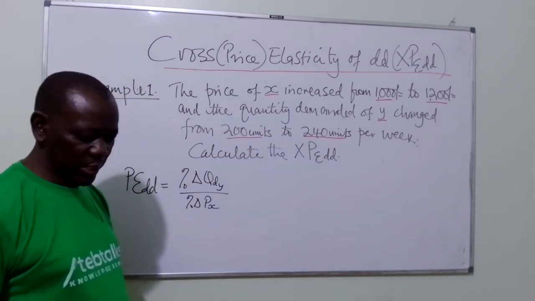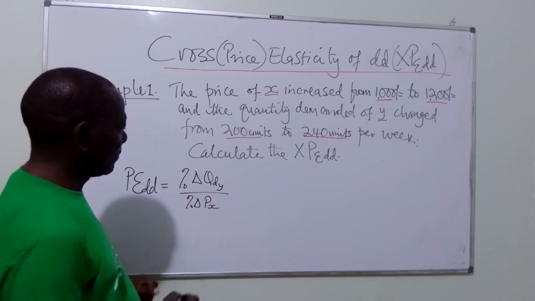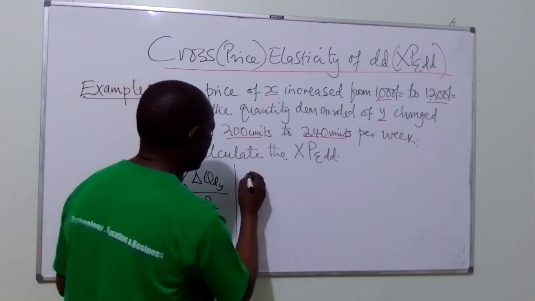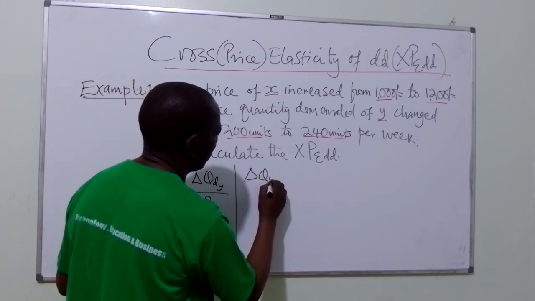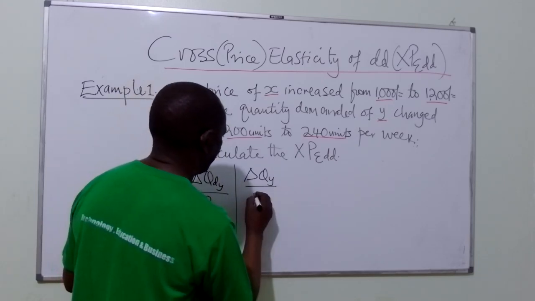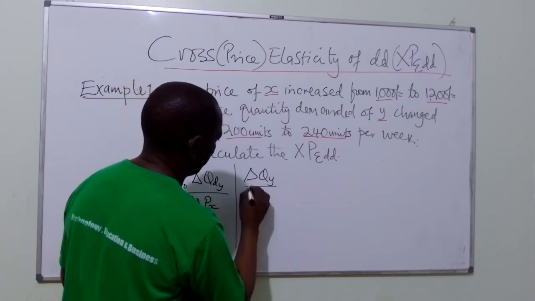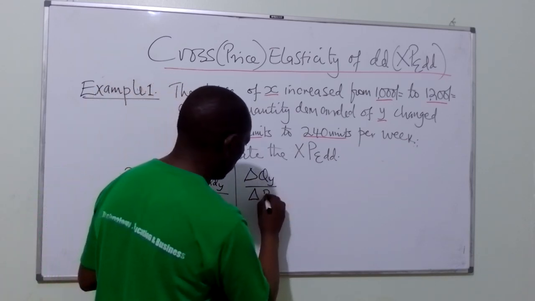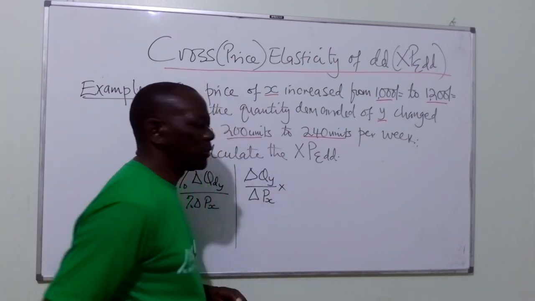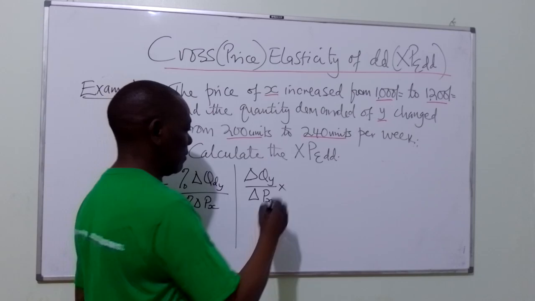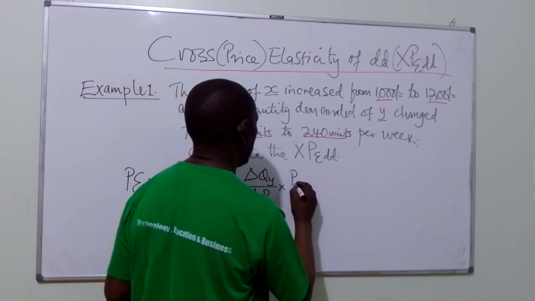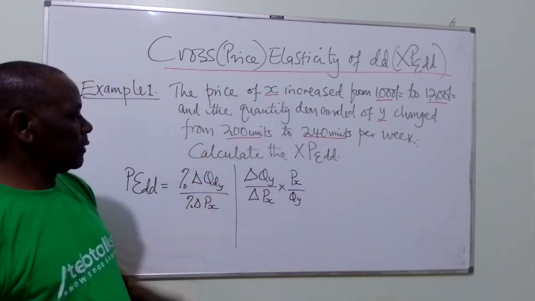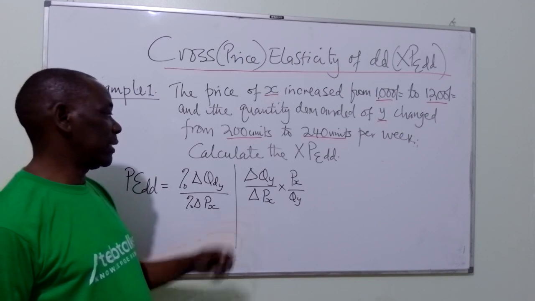Sometimes this formula can be presented as change in quantity demanded of Y over change in the price of X, times P X over Q Y. This triangle indicates change.